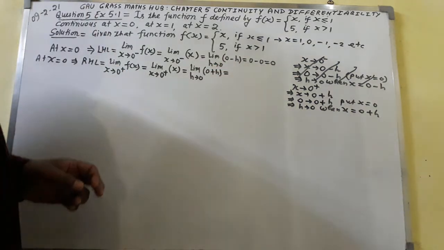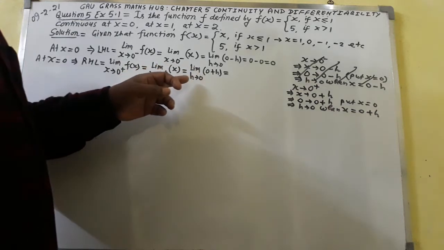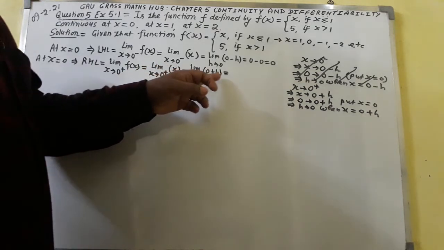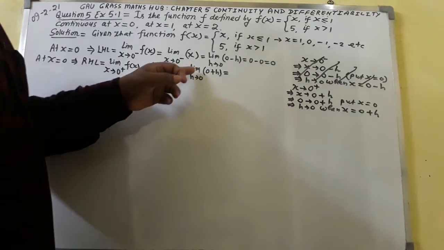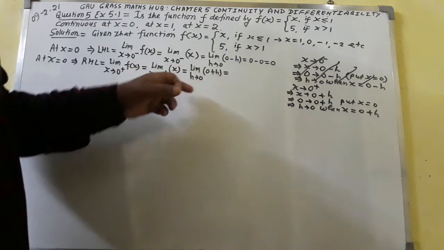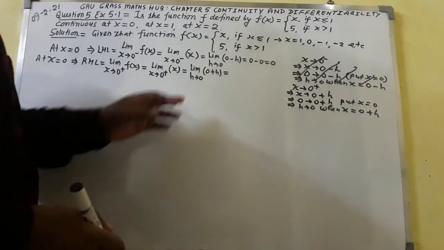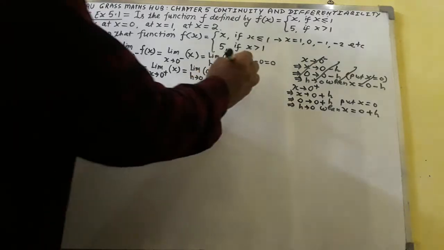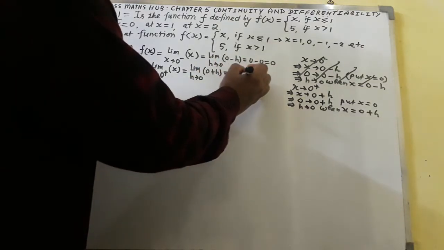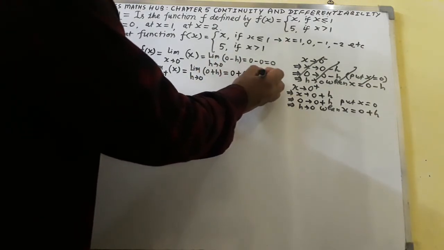Now lim h tends to 0 of bracket 0 plus h. Remove lim h tends to 0 from here and put the value h equal to 0. So it will become 0 plus 0, which comes out to be 0.